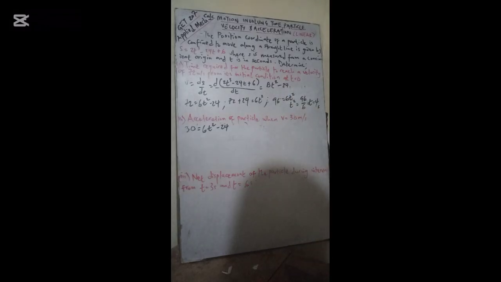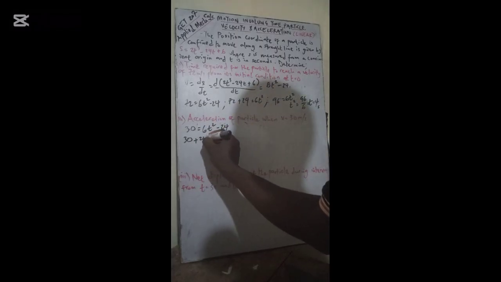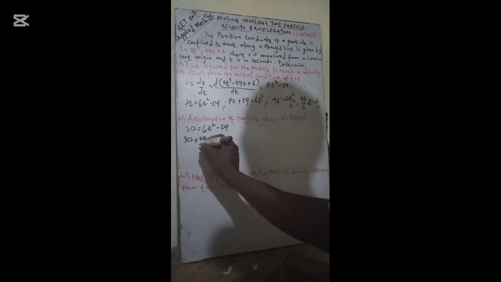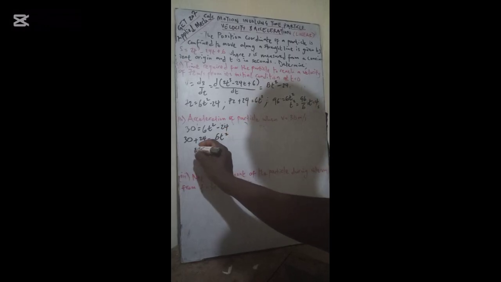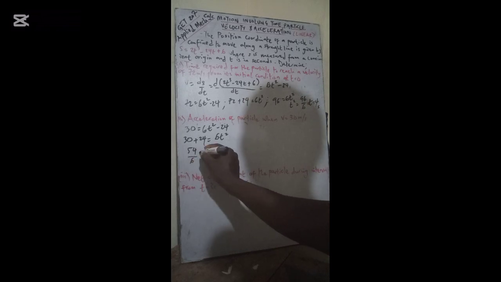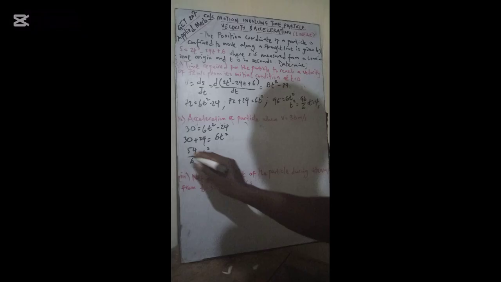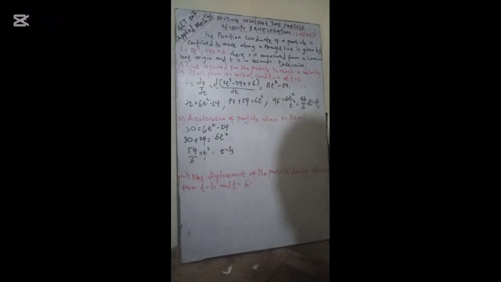Remember, we are calculating for acceleration, but we must get time first. So 30 plus 24 equals 6t squared. We have 54 divided by 6 is equal to t squared. So from there, this is 9. So we have t is equal to 3 seconds.